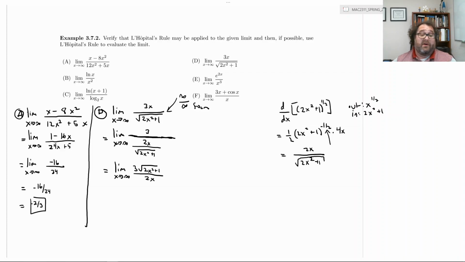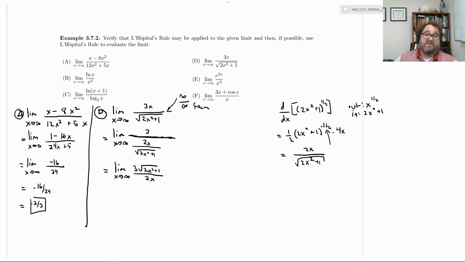It didn't do anything for us, because we differentiated the top and the bottom, and we got a function that still has a radical in it, except now the denominator is a polynomial, but the numerator is a radical function. So it didn't really help us out at all.